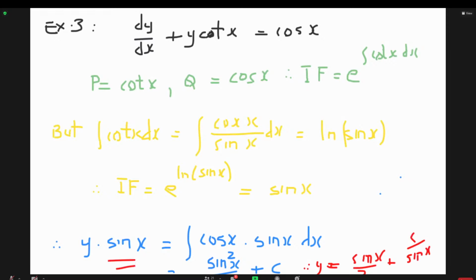It will cancel with one of these here. So really our answer is c cosec x. That's 1 over sine x.